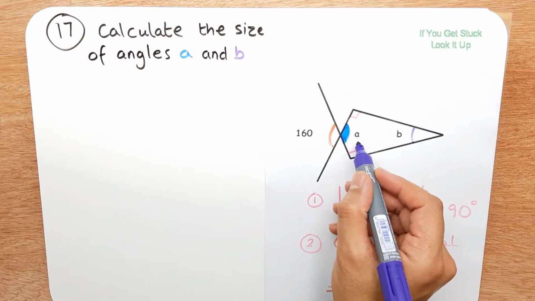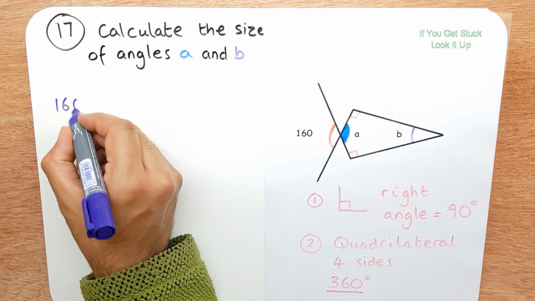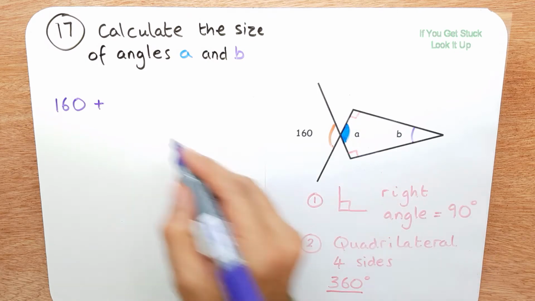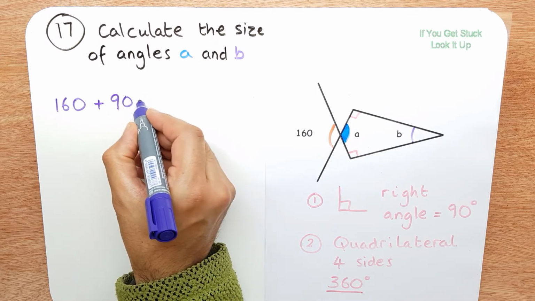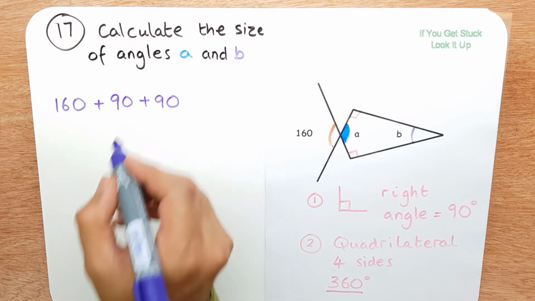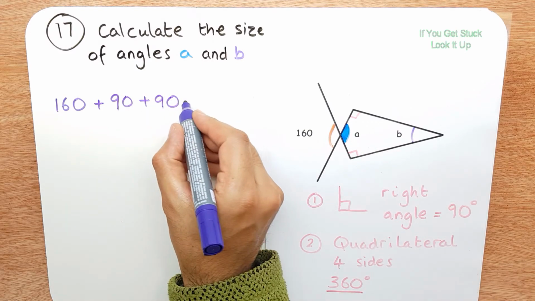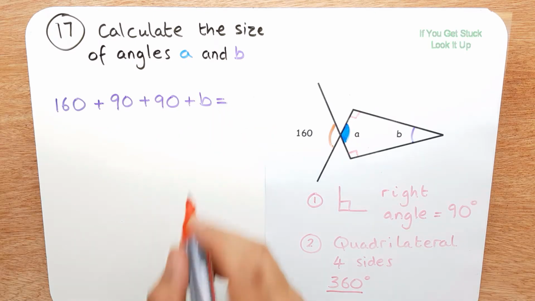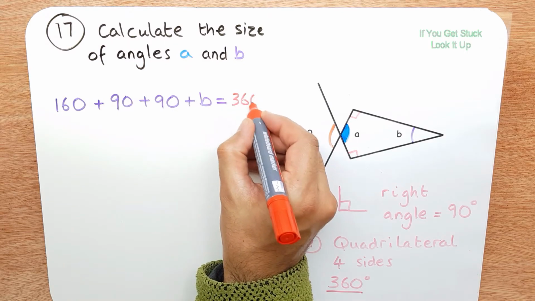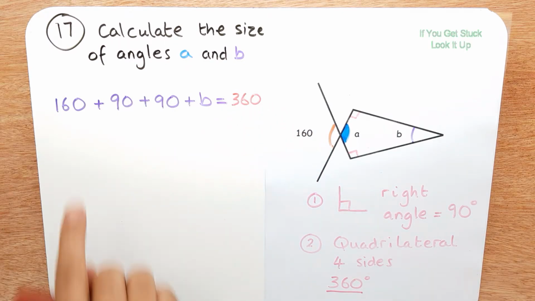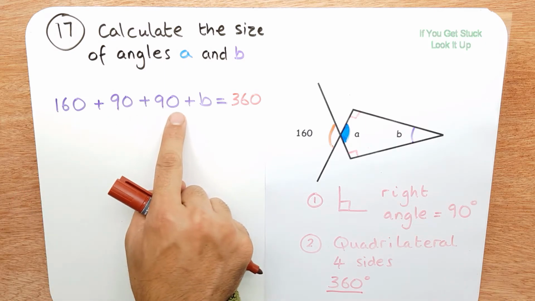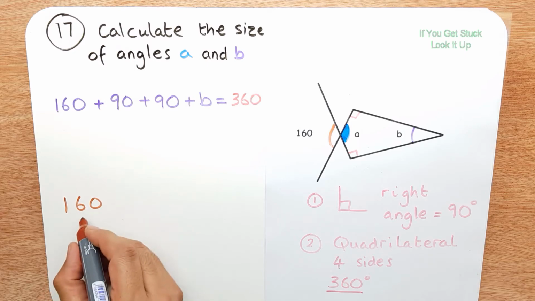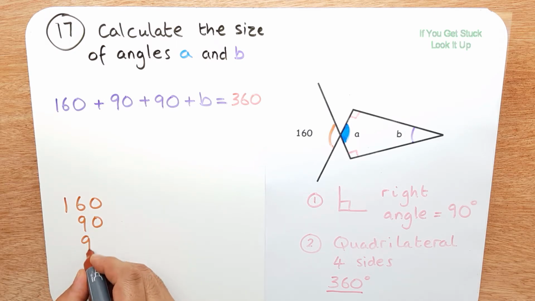Now we said A is 160 degrees, and we add these two 90 degree angles, and then we add angle B, which we don't know, and it should all equal 360 degrees. So our first step is to add these three. So let's come down here: 160, add 90, add 90.